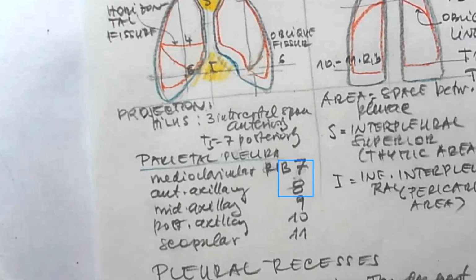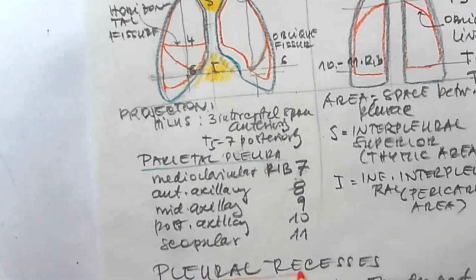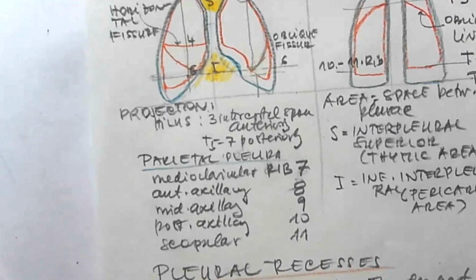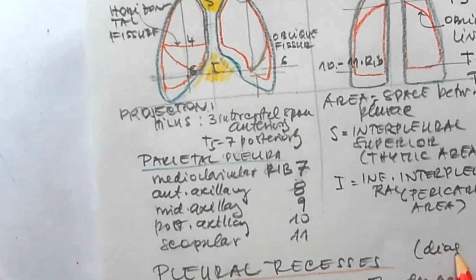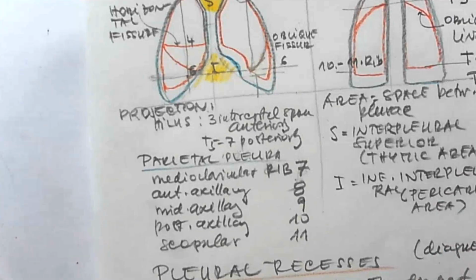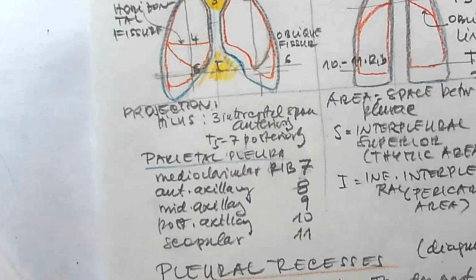That's it. So we already said that pleural recesses are important for the diagnosis of some inflammatory diseases, so for practical medicine, for physiology and so on, as we said. Okay, this is sufficient. I'm sure that we don't need anything else.